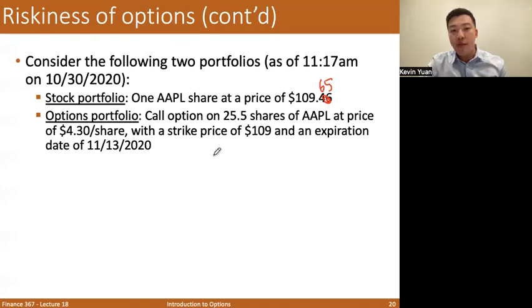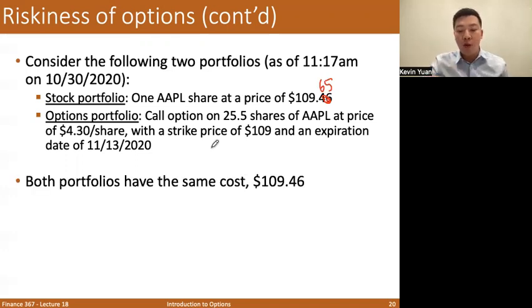So the question is, why do you think this could potentially be riskier? Well, let's go through a number of scenarios that can happen. Both portfolios have the same cost basis of 109.40. Let's say this is 65, sorry.